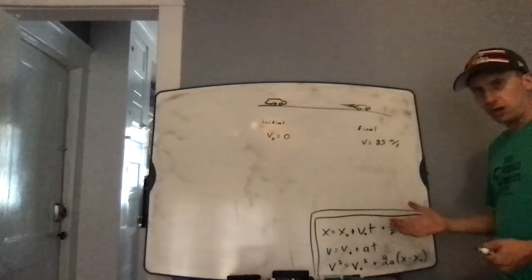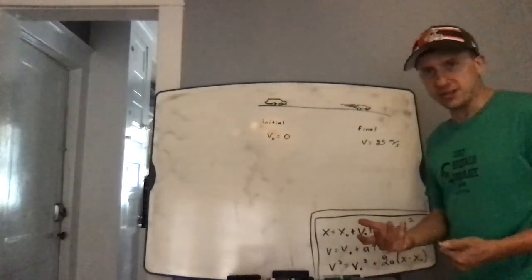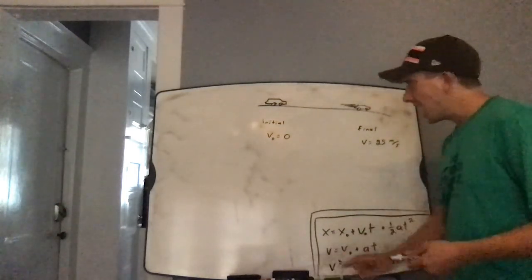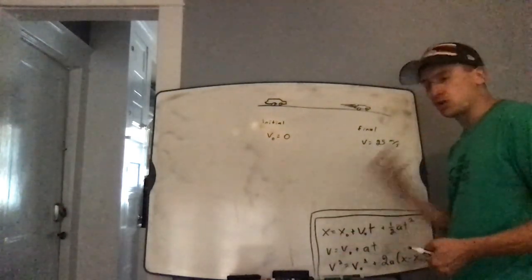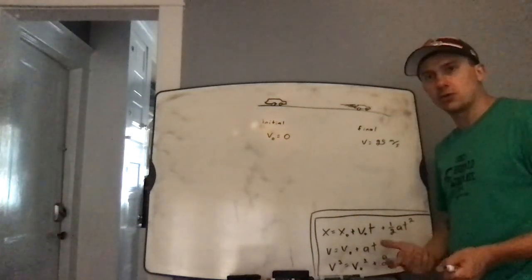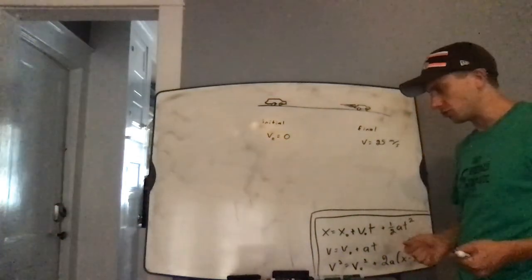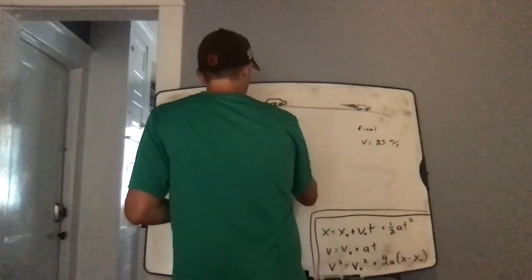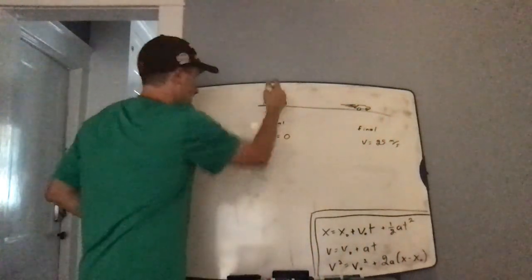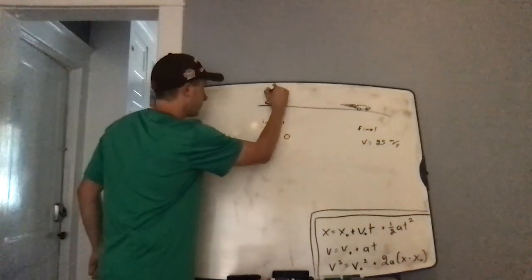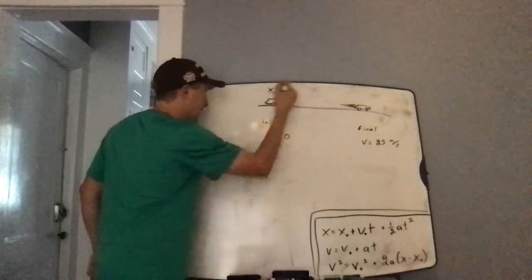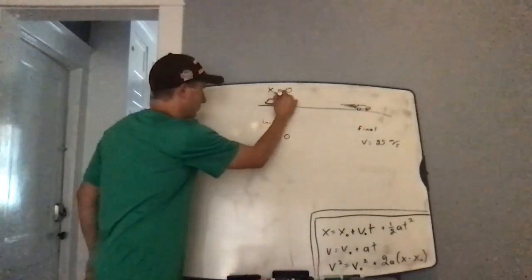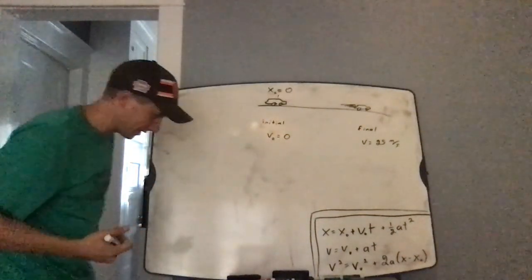Now, I also want to set up a coordinate system. I'm allowed to set my coordinate system anywhere I want. There is no restriction on what I'm going to do, so do something convenient that's easy to work with. So I will choose to say here the initial position is 0. This is only a choice. I am not required to do this, but this is a convenient choice to work with.